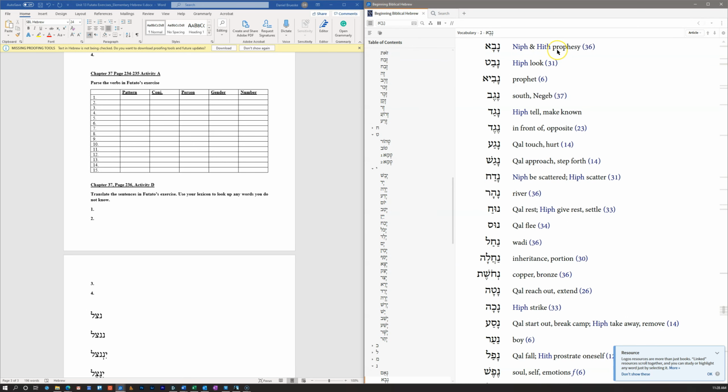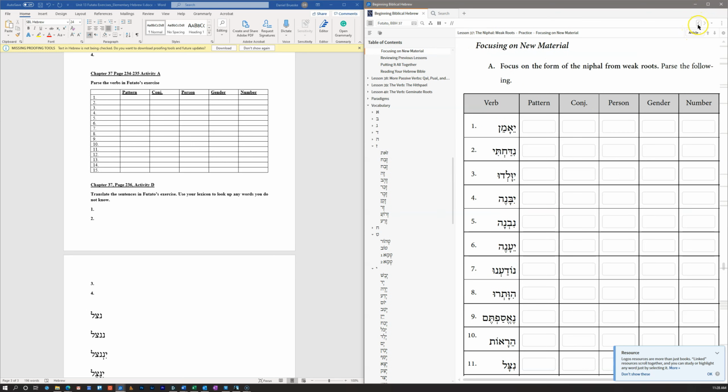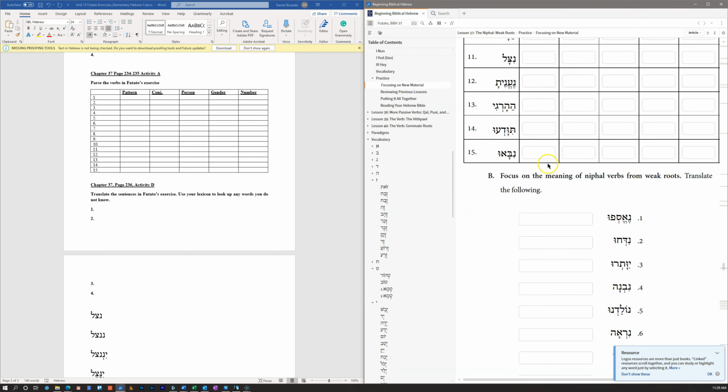Oh, Hithpael. Okay. All right, so let's see here. It's not going to be "was prophesied" because the Niphal in this case is the base form, and so it's not going to have that extra passive idea. So we have here a Niphal.